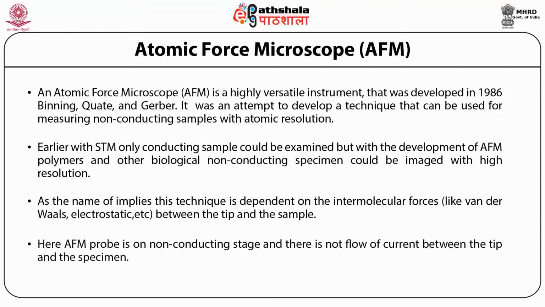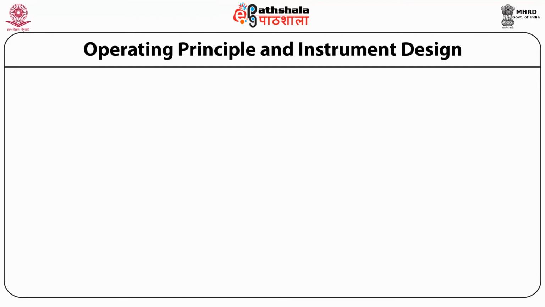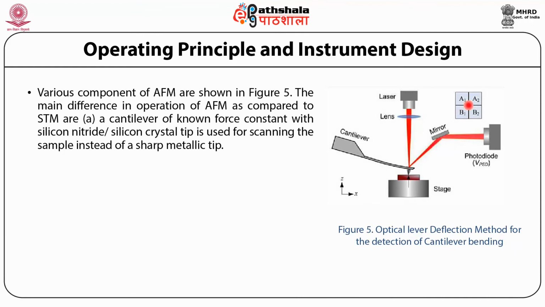Here, the AFM probe is on a non-conducting stage and there is no flow of current between the tip and the specimen. Operating principle and the instrument design. Various components of AFM are shown in figure 5.